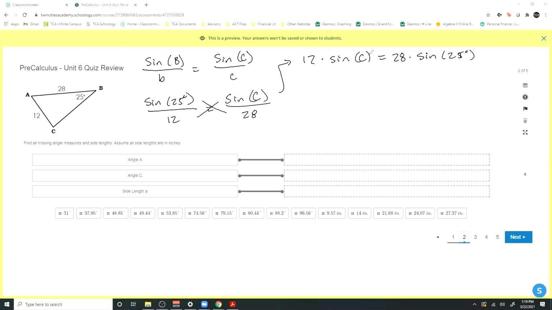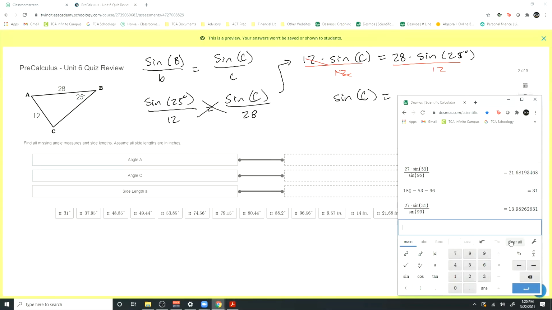Now I'm solving for angle c here, and it's being multiplied by 12, and it's inside of this sine function. So I'm going to divide both sides by 12 and find out what this is. Sine of c is equal to this thing, 28 times the sine of 25.